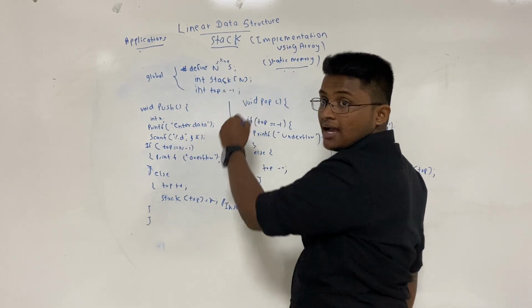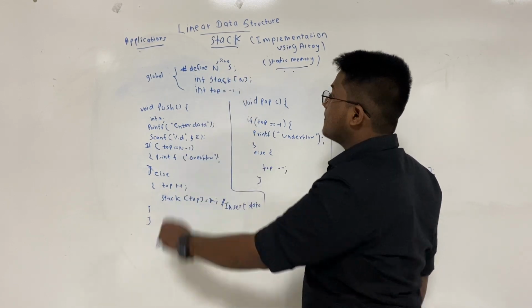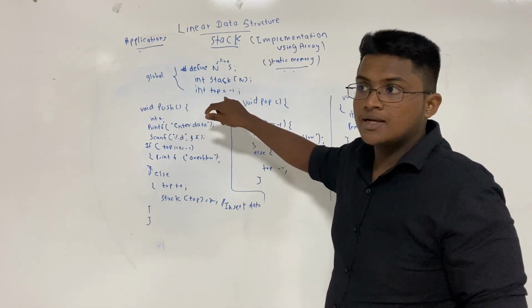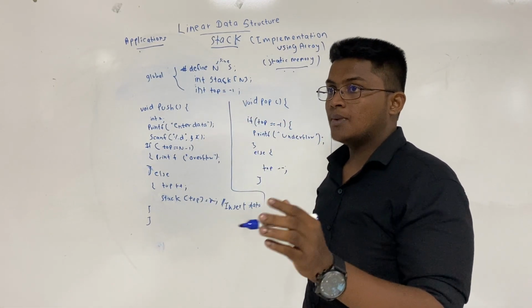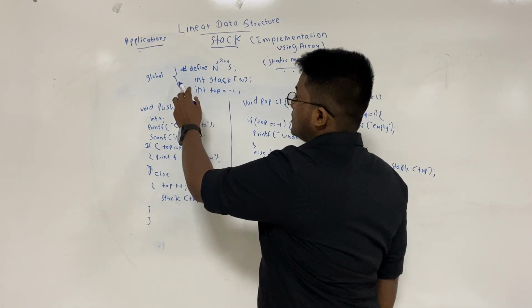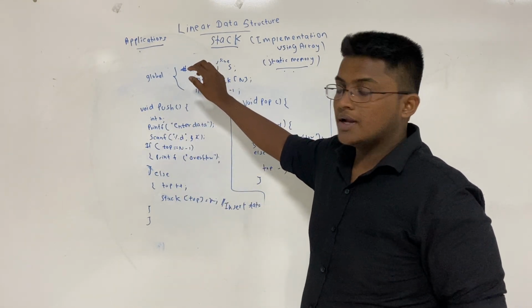My array name is stack, int stack[N], and N is 5. And int top is equal to -1. Previously I told you that top is equal to -1 in an empty stack. So these three we are putting in global.